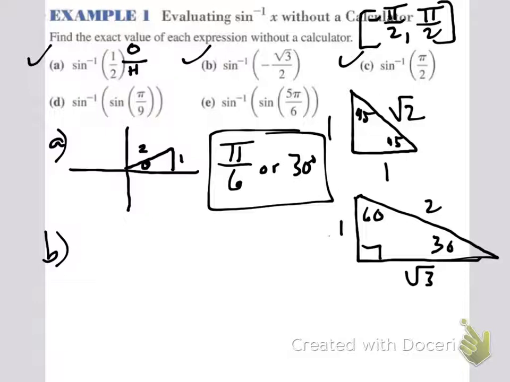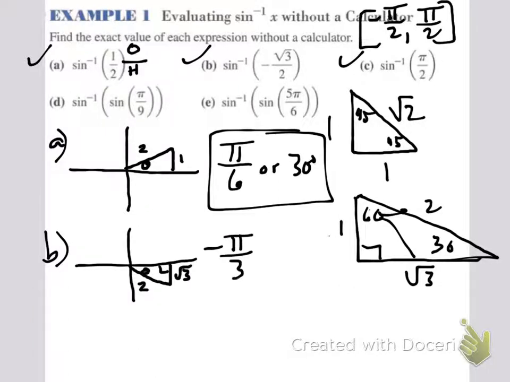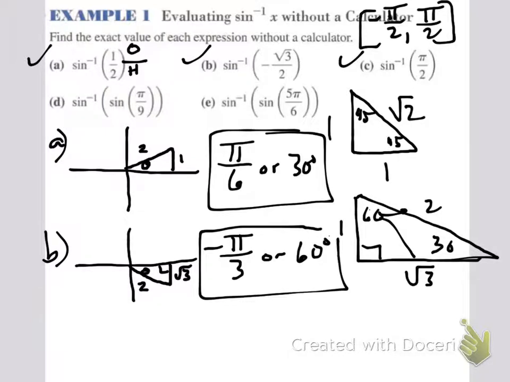Now, in what quadrant is the sine negative? The sine is negative in the fourth quadrant. So here's our right angle, here's our theta. Opposite radical 3 over hypotenuse 2. That means we have negative 60 degrees, which is negative pi over 3.